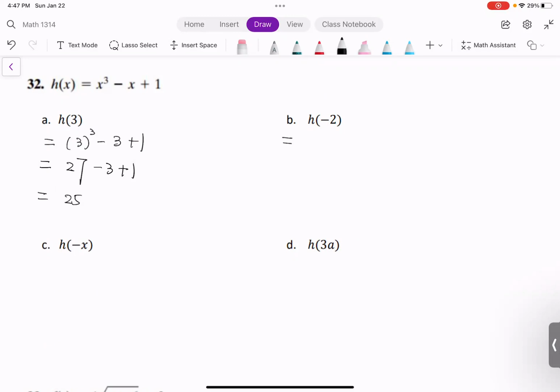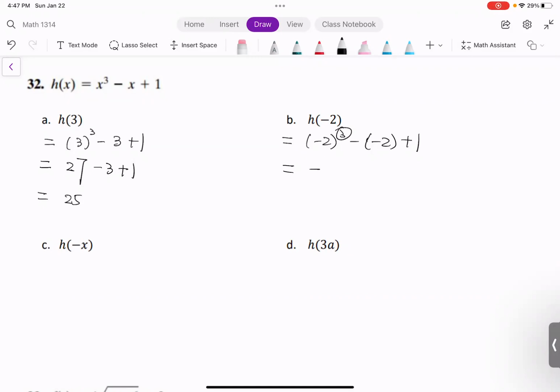Number B, h of negative 2. Negative 2 cubed minus negative 2 plus 1. Is the power even or odd? It's odd, so the solution must be positive or negative? Negative, right? Because the base is negative and the power is an odd number.